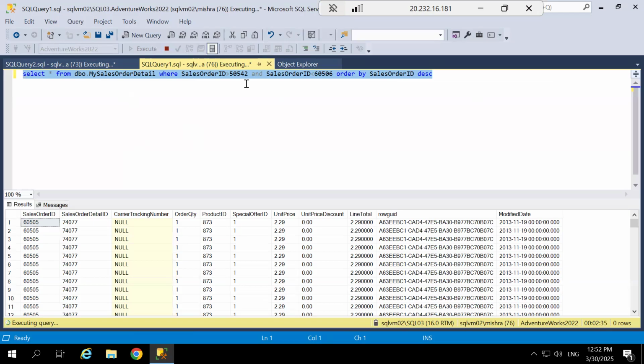It depends on the optimizer what it will choose as a serial plan or parallel plan. So if it is a serial plan, this query will be a single threaded query which will be submitted to the scheduler for its execution as a single thread.